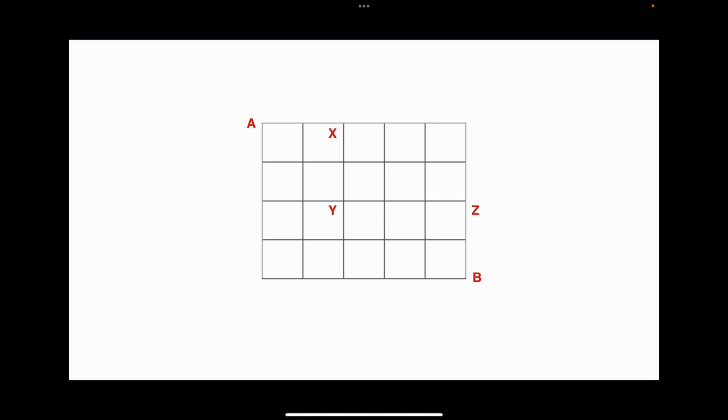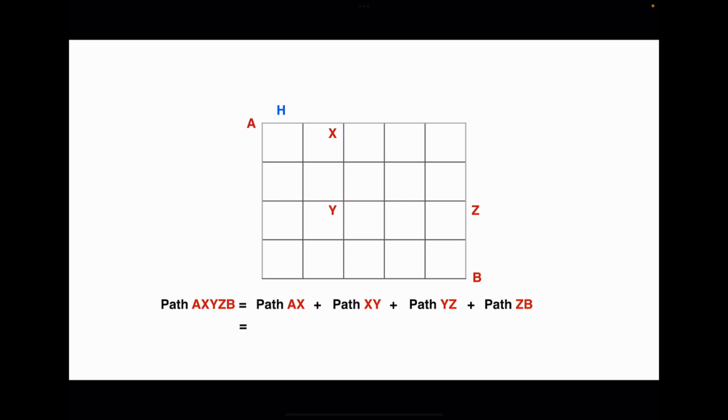Now let's say we are feeling more adventurous and we want to take a more convoluted path from point A to point B via the points X, Y, and Z. So this is nothing but path X, Y, Z, B, which is path AX plus path XY plus path YZ, and finally path ZB, which we can rewrite as 2 horizontal steps followed by 2 vertical steps followed by 3 horizontal steps and finally followed by 2 vertical steps.